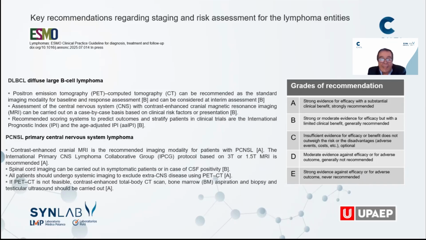In diffuse large B-cell lymphoma, PET-CT is recommended as the standard imaging modality for baseline and treatment response assessment. The International Prognostic Index is a clinical tool that aids in predicting the prognosis by giving 1 point for each of the risk factors present.